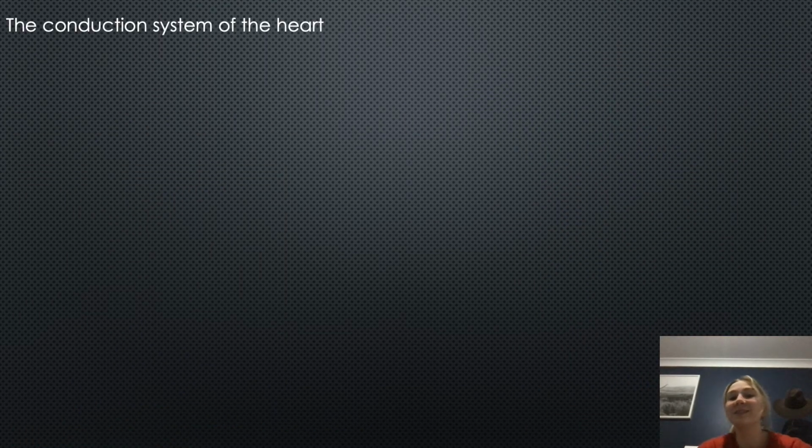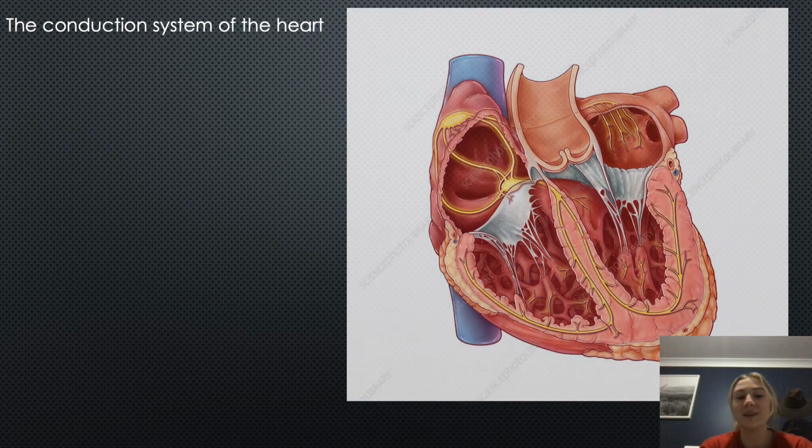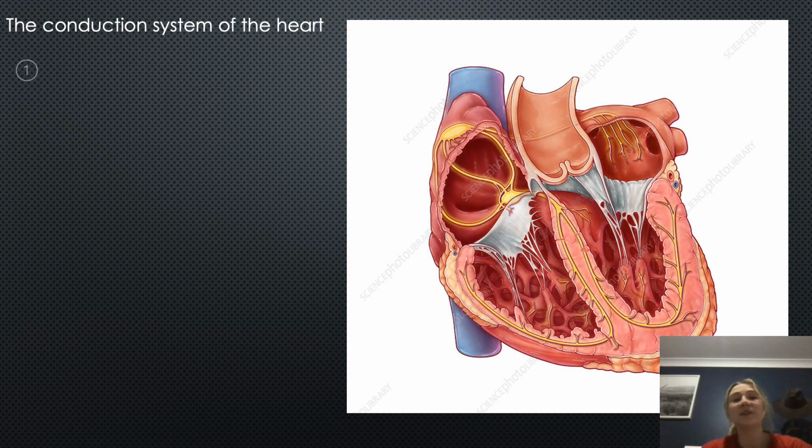The conduction system of the heart. There are specialized cardiomyocytes that make up the sinoatrial node. Situated at the top of the right atrium, the sinoatrial node is responsible as a pacemaker for the heart. It regulates blood flow in an orchestrated rhythmic manner.